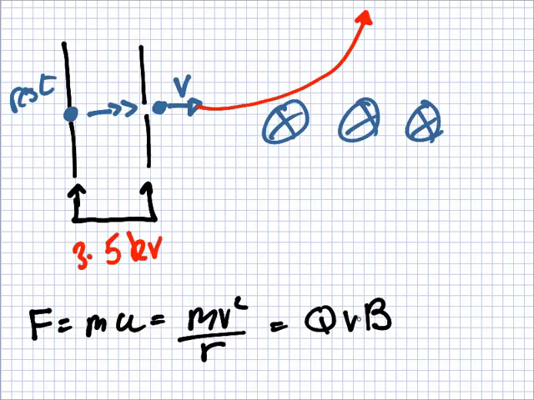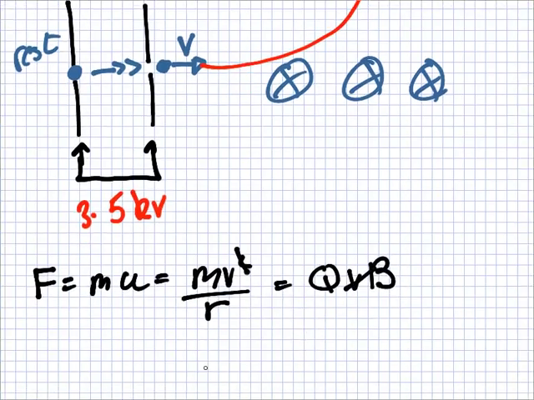That's the force experienced by a charge at velocity v in a magnetic field of flux density B. So here I can cancel and get this formula for the radius. It's equal to the mass of the electron times the velocity of the electron over the charge of the electron times the magnetic flux density.